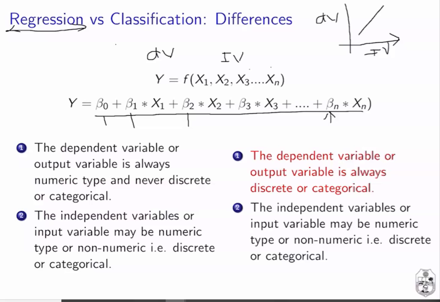While discussing multiple linear regression, or regression problems in general, we saw that the input variables, that is x1, x2, x3, xn, or the independent variables, are of two types.